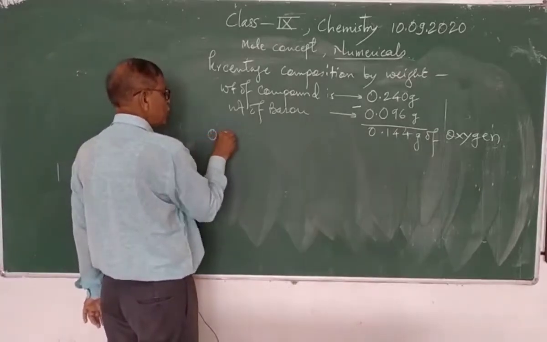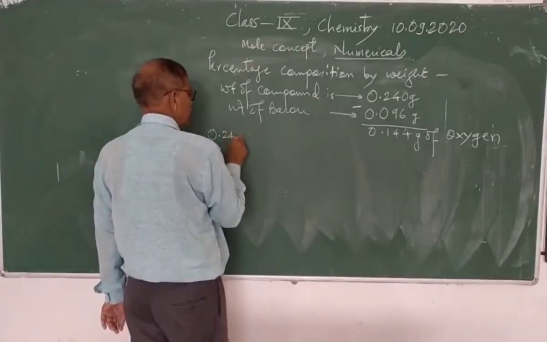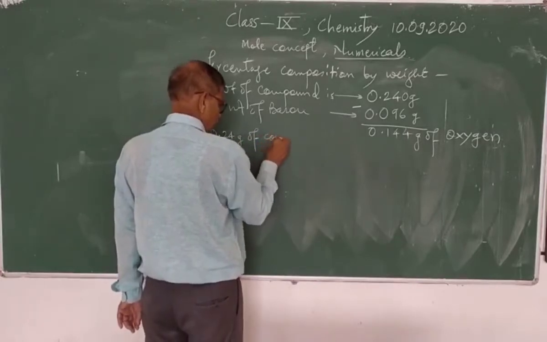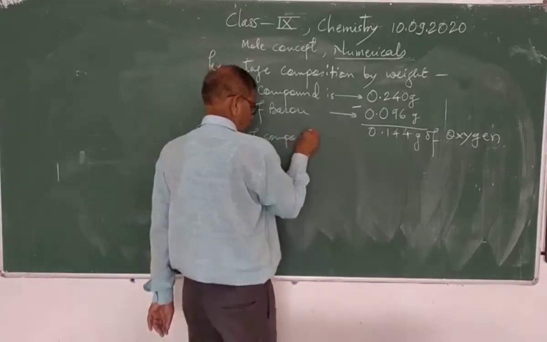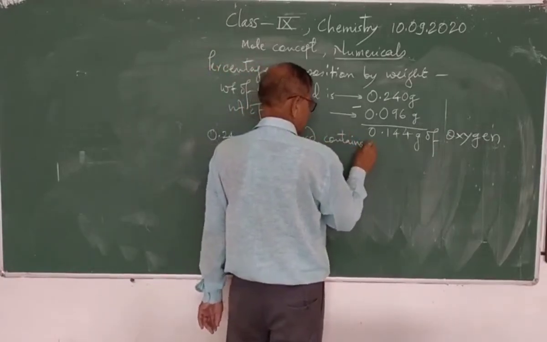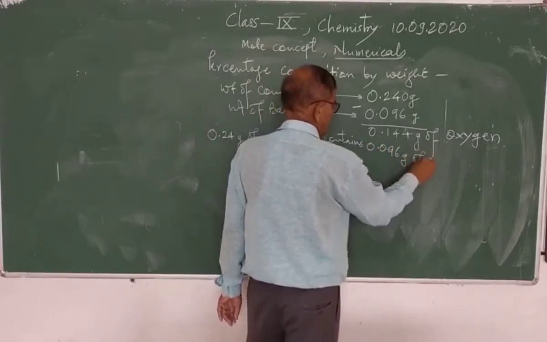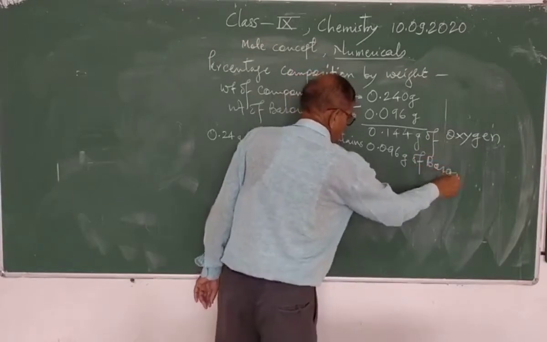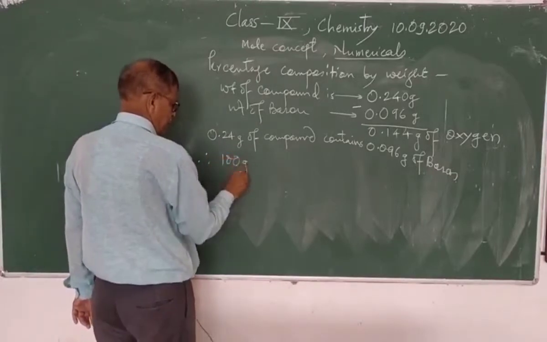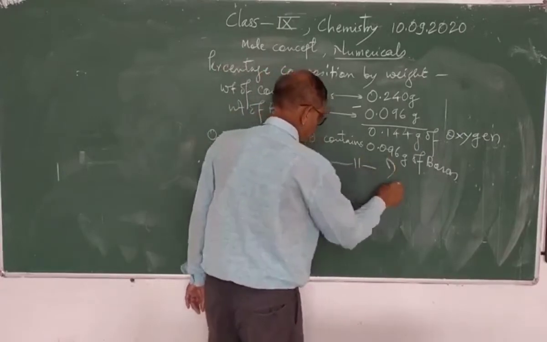See, 0.24 gram of compound contains 0.096 gram of boron, and hence 100 gram of compound contains how much?